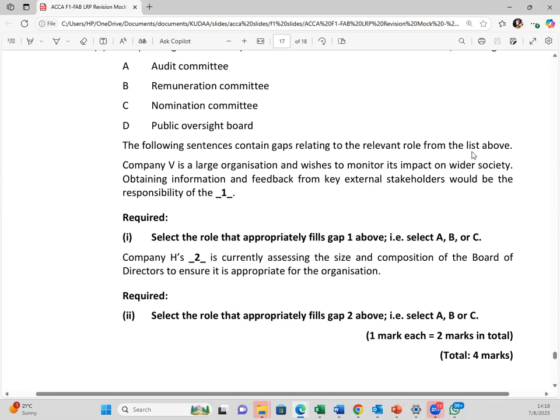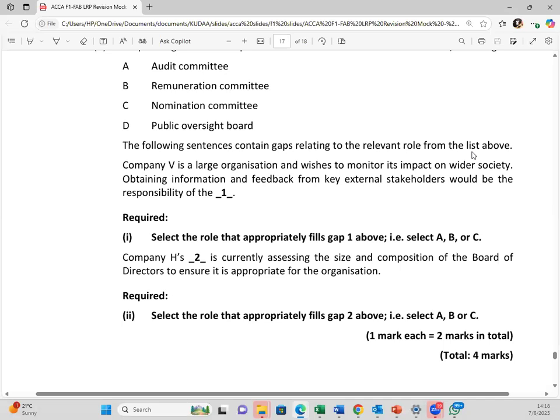Now let's look at the question. Company V is a large organization and wishes to monitor its impact on the wider society, obtaining information and feedback from key external stakeholders. That would be the responsibility of what? We want to make sure we monitor our impact on the society, and who can be responsible for that?